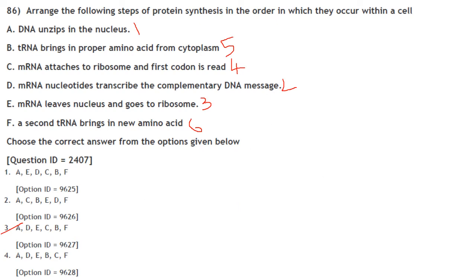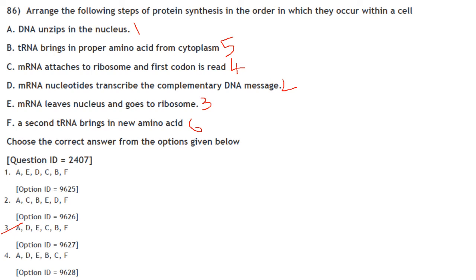Then next one. Arrange the following steps of protein synthesis in the order in which they occur within a cell. So first one, DNA unzips in the nucleus. Yes, that is the first one. Then comes mRNA nucleotides transcribe the complementary DNA message.